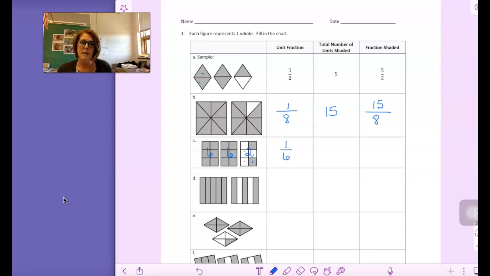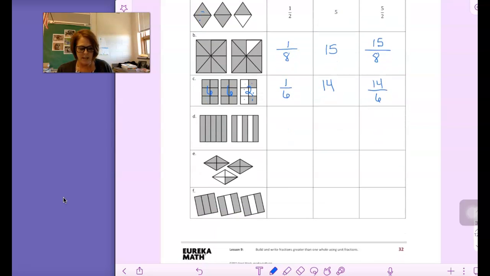So 6 plus 6 plus 2 equals 14. And the fraction that is shaded is 14/6 because there are 6 equal parts in each shape. This denominator, we're not doing how many there are all together. It's what is that fractional unit.